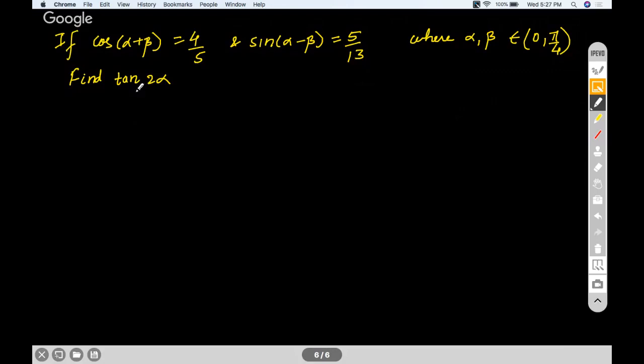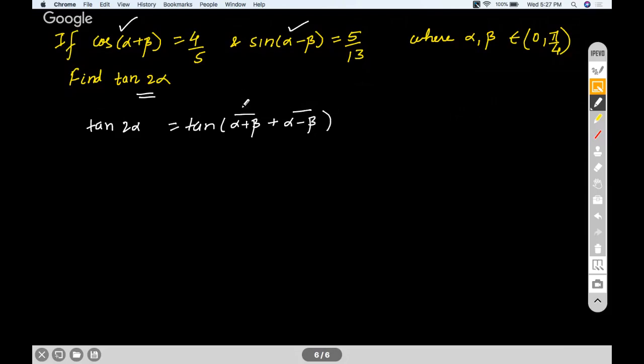So how do you get the value of tan 2 alpha given that cos of alpha plus beta and sine of alpha minus beta is given to you? So let us understand this. We can write tan of 2 alpha as tan of alpha plus beta plus alpha minus beta. Correct?